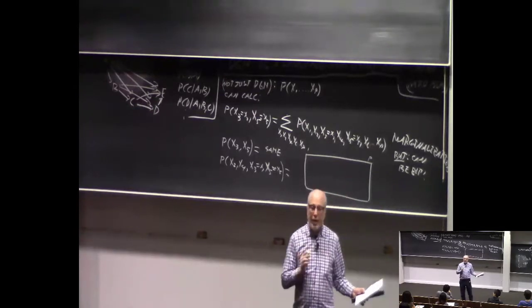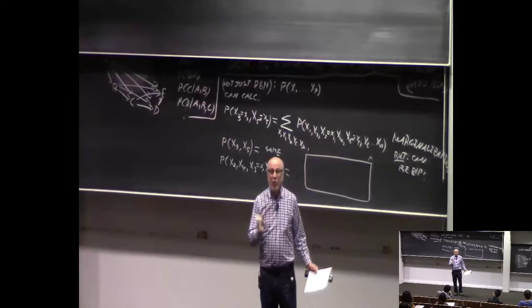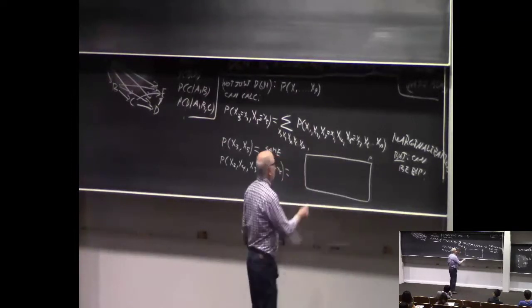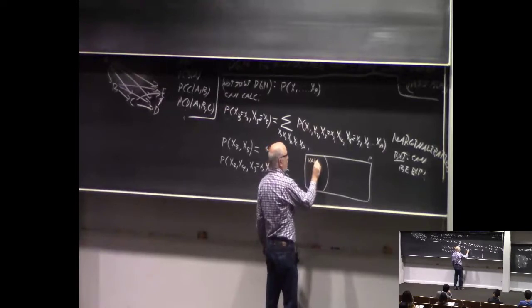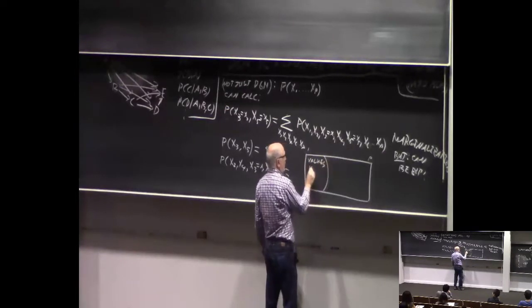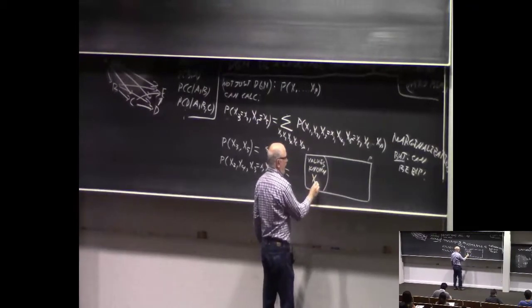Let me reorder that in a logically better way. The set of variables whose values you know already. So this will be one set here. Values known. I'll call it x sub k for known.